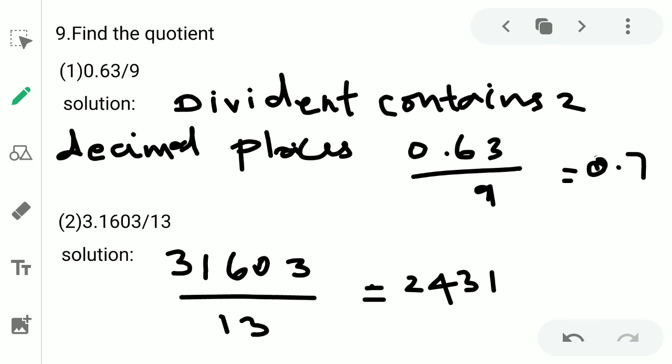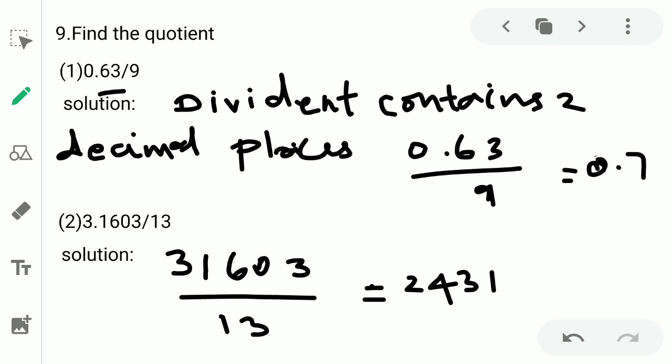The dividend contains two decimal places. So 0.63 divided by 9, you will get the answer as 0.07. Moving to the second one, 3.1603 divided by 13.